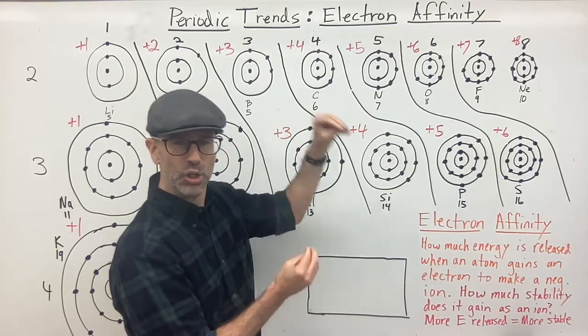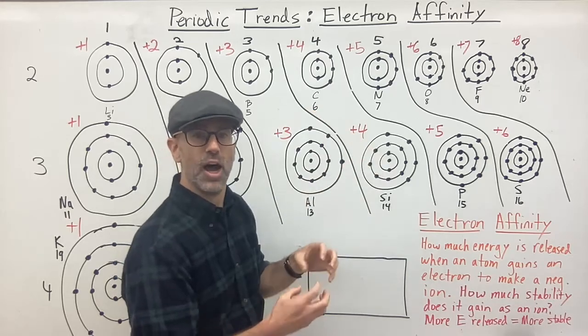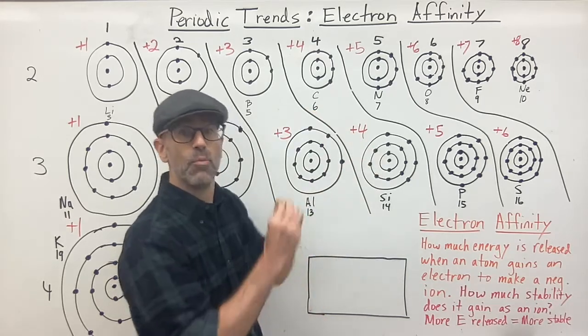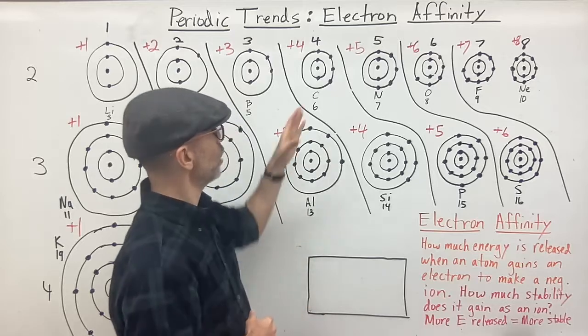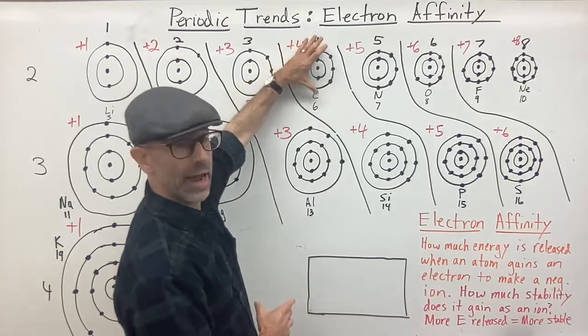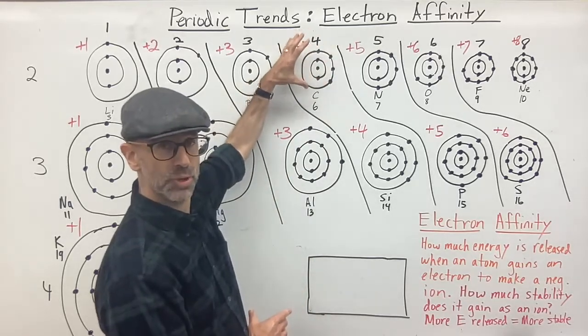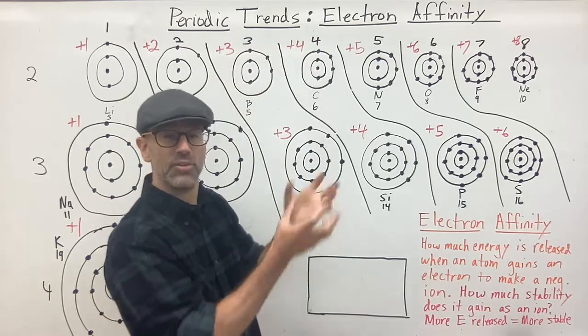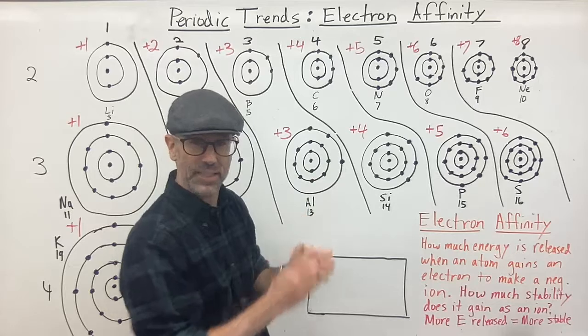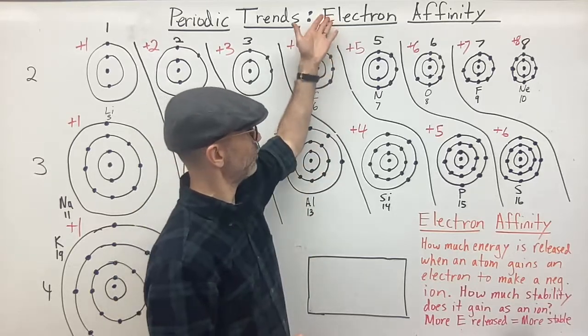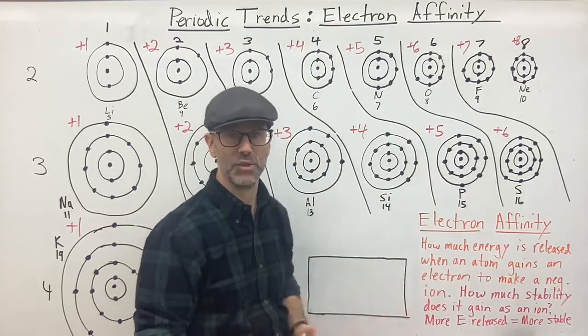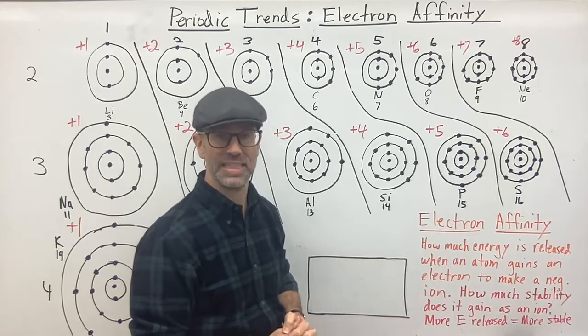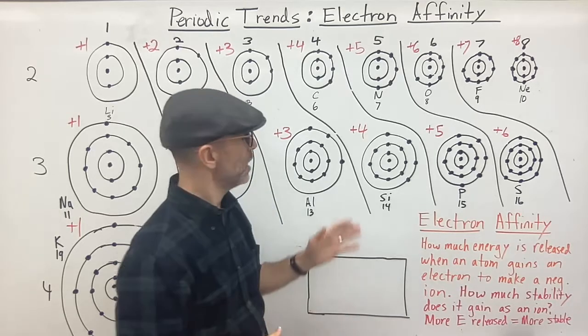Remember, closer to the nucleus means lower energy, more energy being released. Since we have a smaller atom at the top of our group, electrons can get closer, more energy would be released. The electron is held more tightly. So we would expect as you go down a group, electron affinity would decrease, and that's what we see.